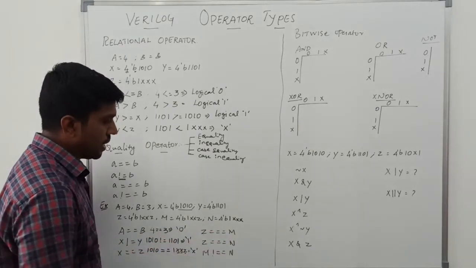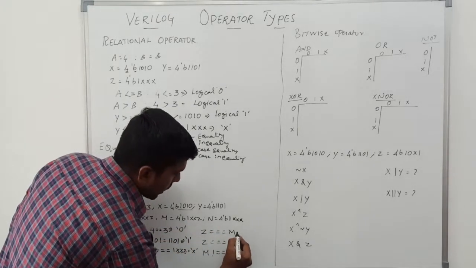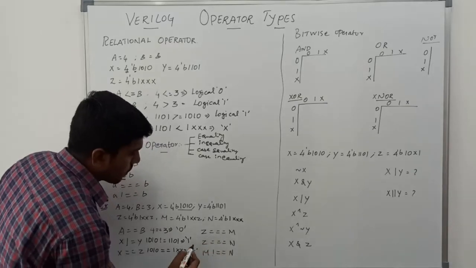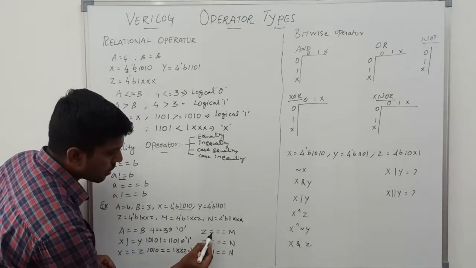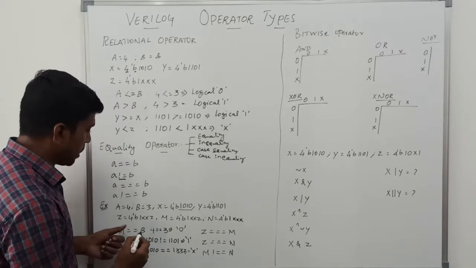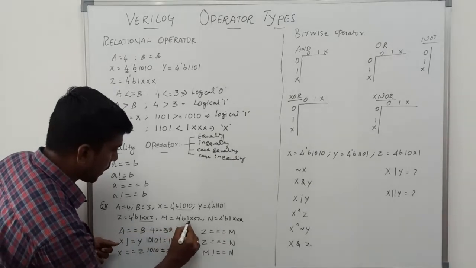Then we go for the case equality, where you mention 3 equal symbols. The first case is Z 3 equal M. Z value is compared with M value.